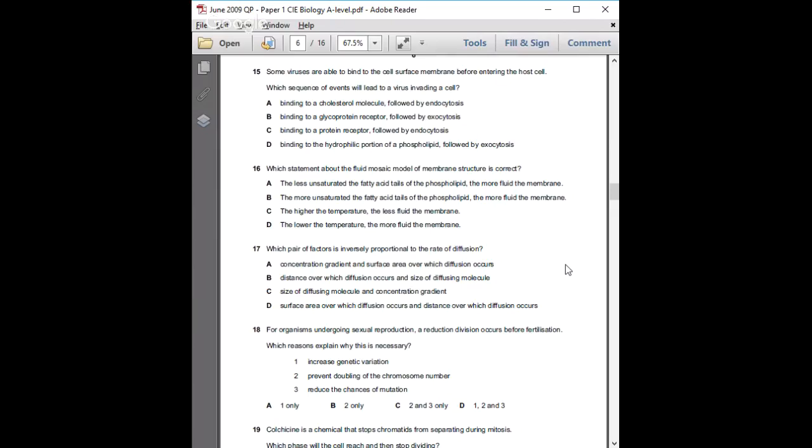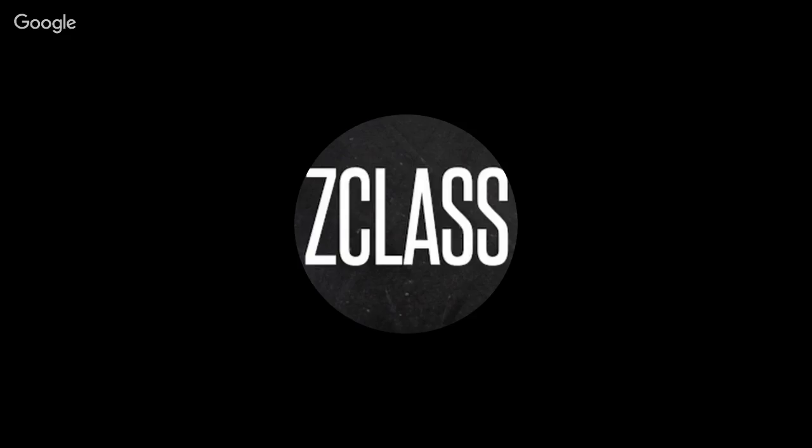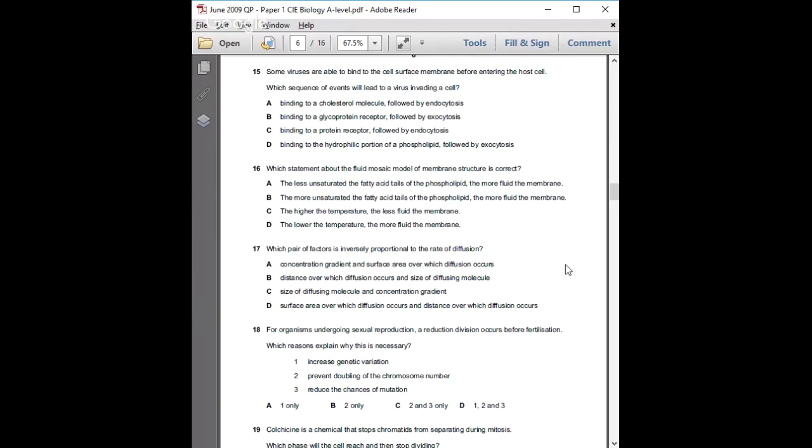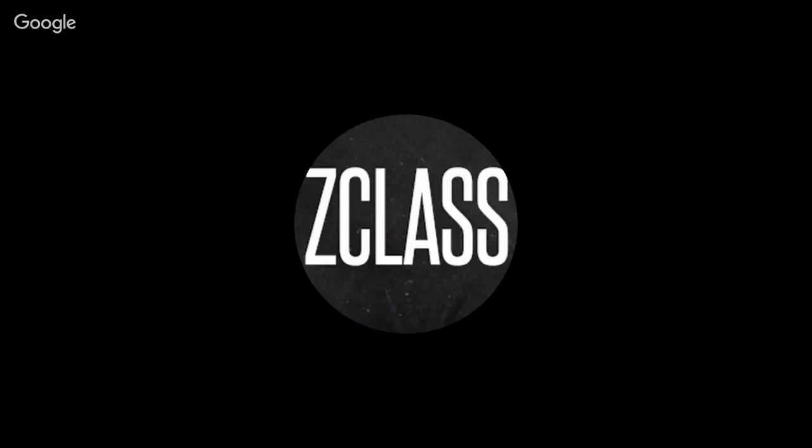Which part of the virus is going to attach to that protein receptor? A specific part of the virus that has complementary shape. What are the different parts of a virus? There's the genetic information surrounded by a protein capsule.